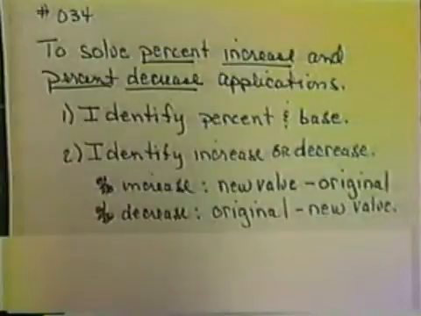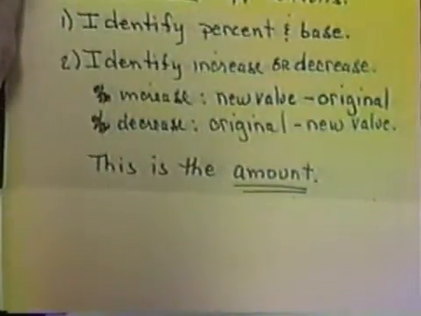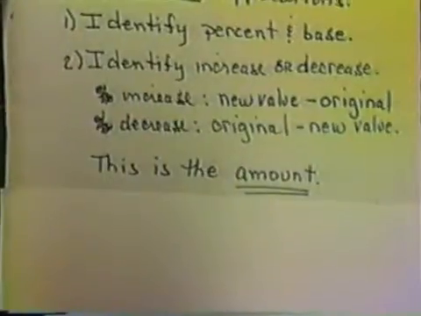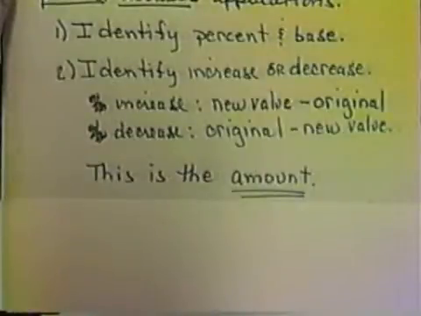So to find the increase or decrease, we're going to have to subtract using the original amount, what we started with. And this will become our amount that we use in our percent formula. Okay, this is the amount. When we identify the increase or decrease, this is the amount that we're talking about.